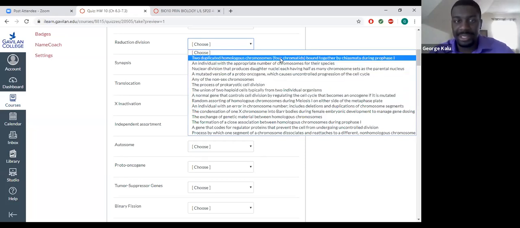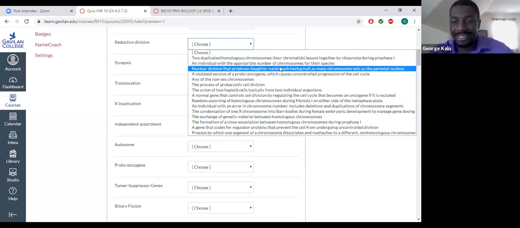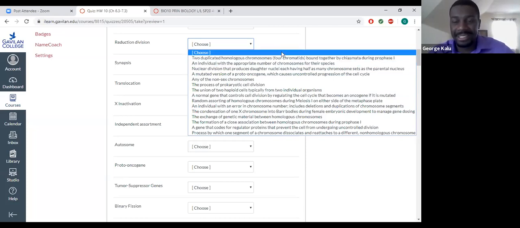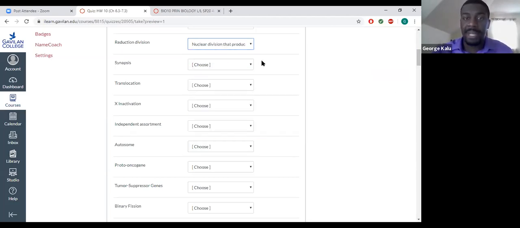First one, so it's not the first one either. The third one, right. So a reduction division is a nuclear division where you end up with half as many chromosomes as you did at the beginning. So Johanna got this exactly right. So this is where you're going to be moving from having a diploid cell to having a haploid cell, okay, at the end of some kind of division, specifically meiosis. So you end up with half as many chromosomes as you started with. Perfect.